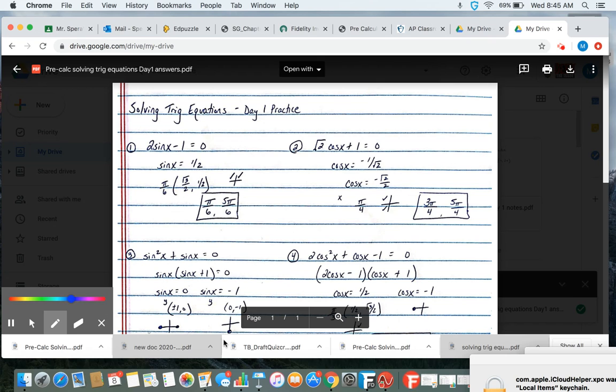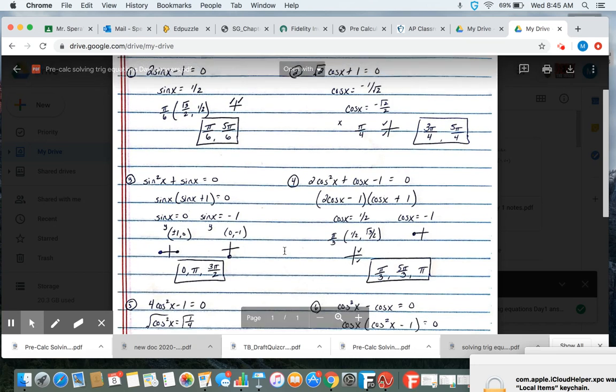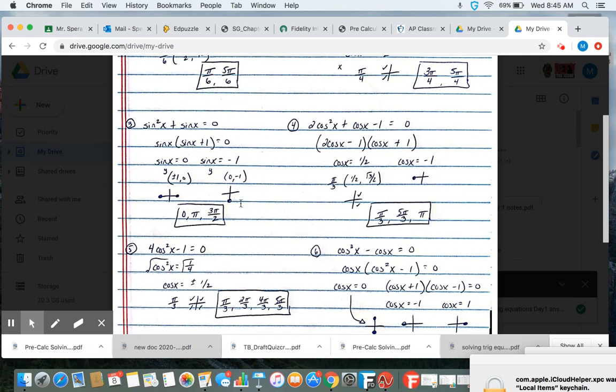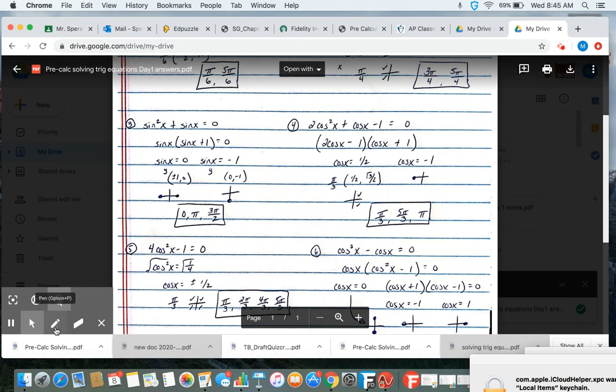I just wanted to go over a few of these with you before we do today's notes, mainly the ones that involved factoring. With number 3, make sure you look for a GCF. The GCF I took out was a sine x, and what would be left is sine x plus 1. You set each of them equal to 0. Then the thinking is, what angle has a y value of 0?